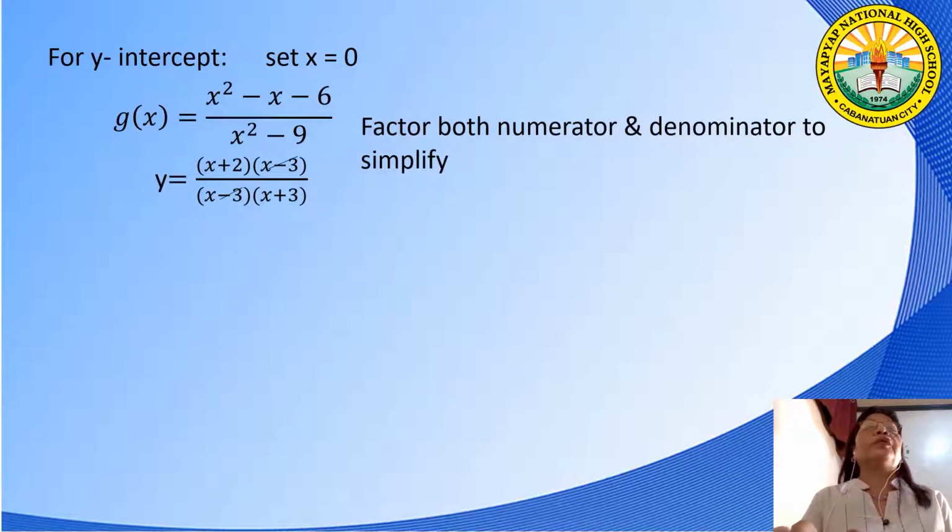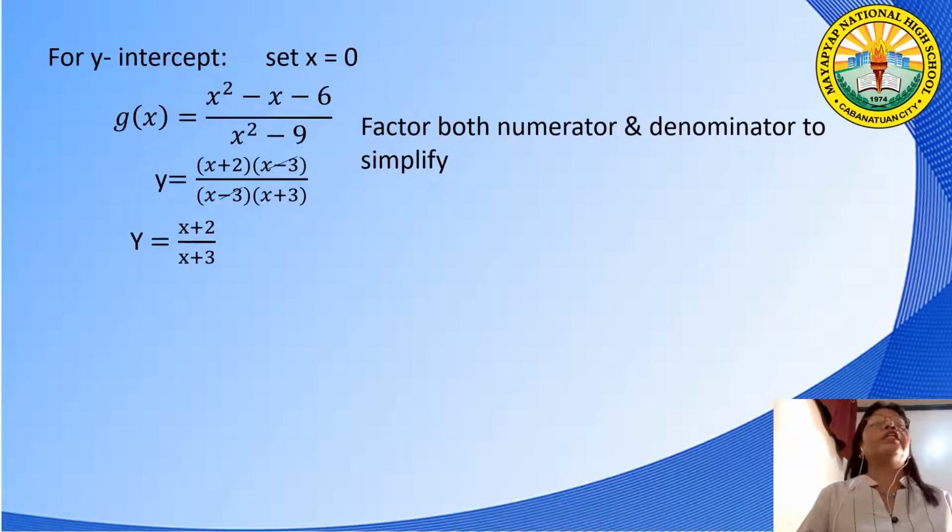In the numerator, we have factors of quantity x plus 2 and quantity x minus 3, while our denominator has quantity x minus 3 times quantity x plus 3, or the sum and difference of two squares. Then, the numerator and denominator have the same factor, so you may cancel them. So the remaining is y equals x plus 2 all over x plus 3.